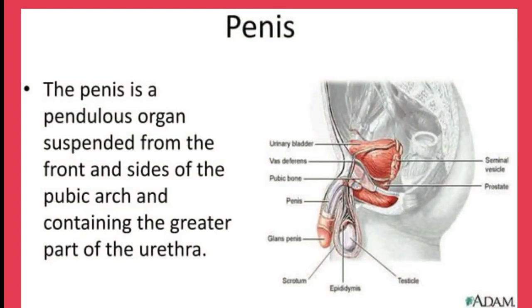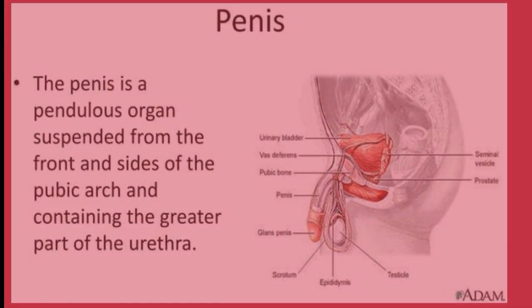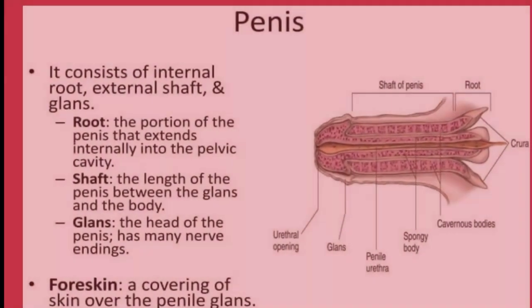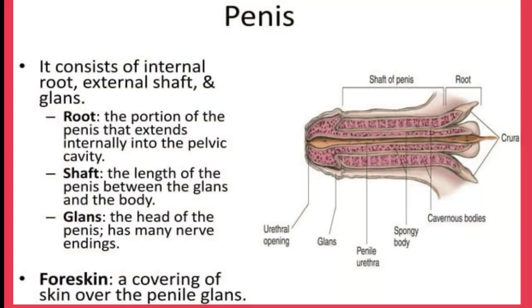The penis is a pendulous organ suspended from the front and side of the pubic arch and containing the greater part of the urethra. The structure of the penis consists of an internal root, external shaft, and a glans.